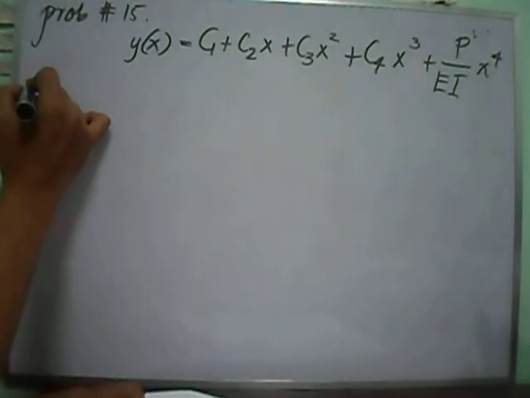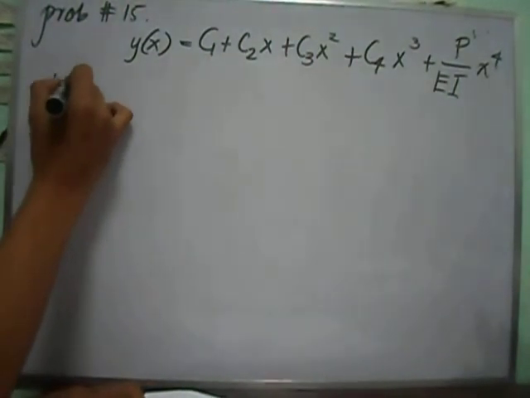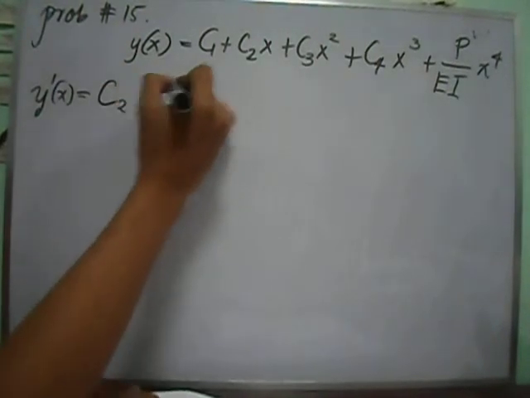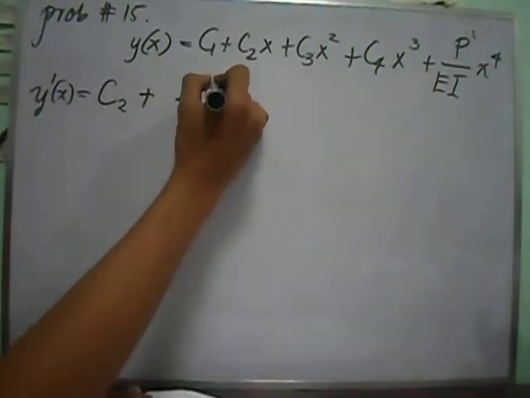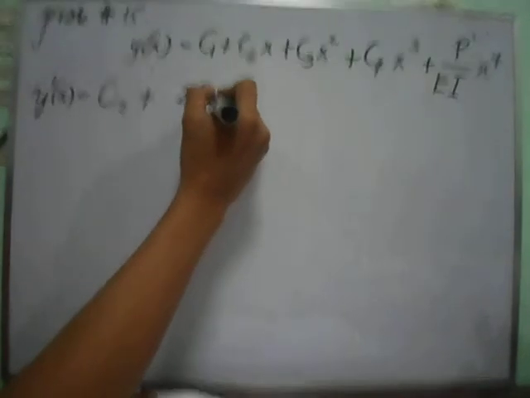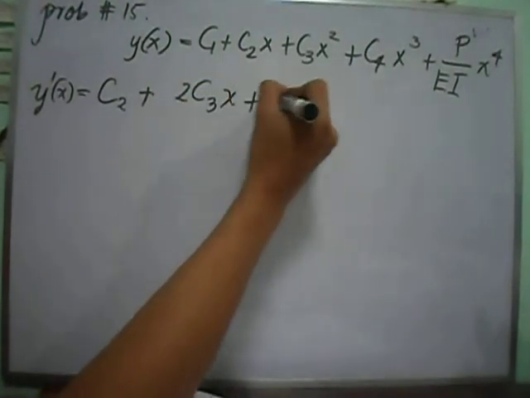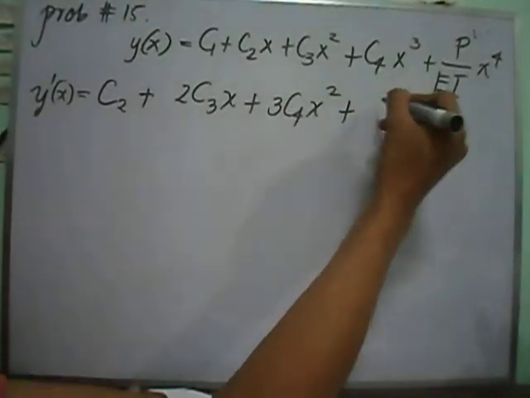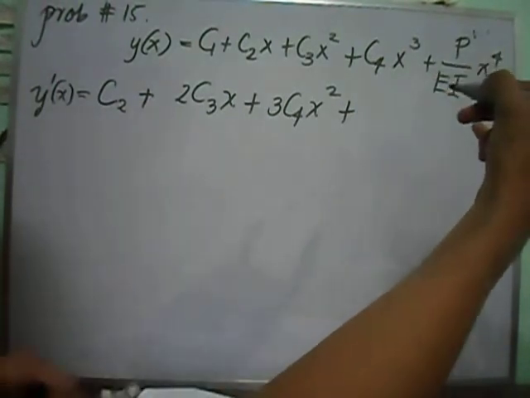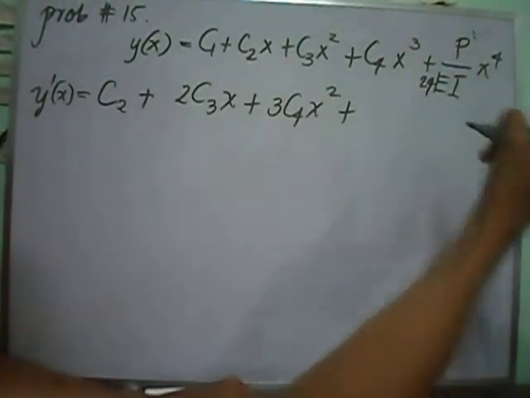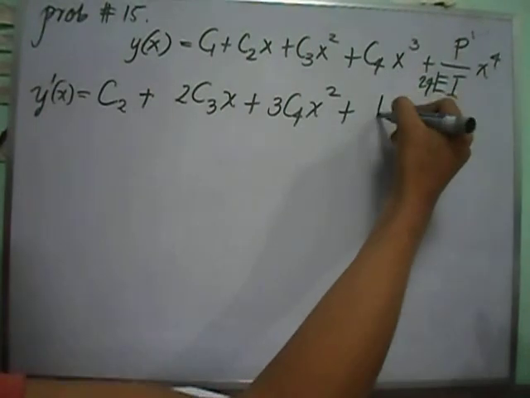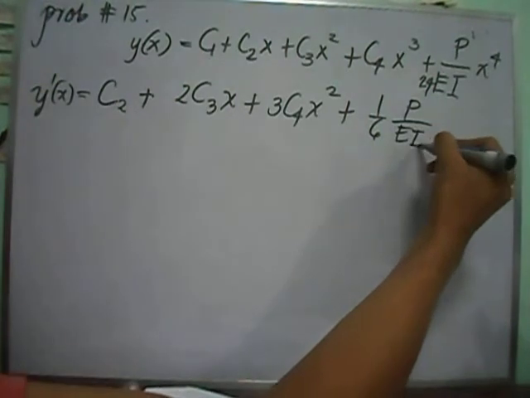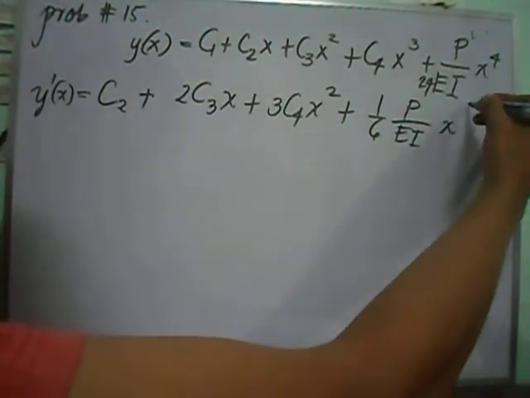Getting the first derivative with respect to x, we have c2 plus 2c3x plus 3c4x squared plus, since 4 over 24 is 1/6, 1/6 times P over E I x cubed.